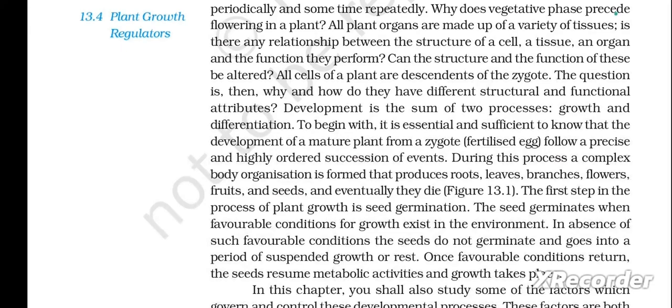The first step in the process of plant growth is seed germination. The seed germinates when favorable conditions for growth exist in the environment. In absence of such favorable conditions, the seeds do not germinate and go into a period of suspended growth or rest. Once favorable conditions return, the seeds resume metabolic activities and growth takes place.